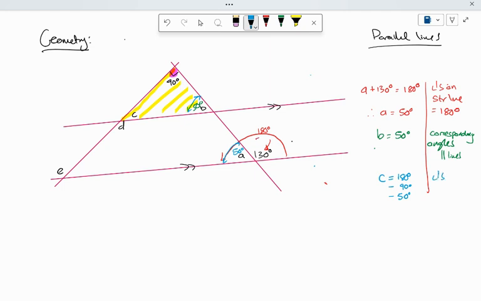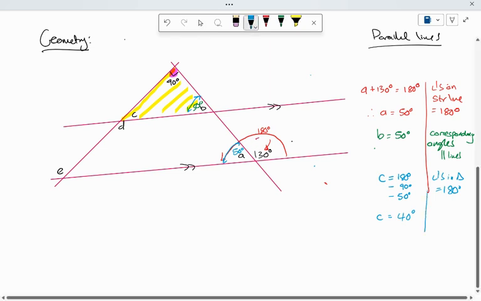Because angles in a triangle is equal to 180 degrees. And so C will equal, what's 90 plus 50? 140. So C will equal 40 degrees. And it'll be angles in a triangle equals 180 degrees for that.